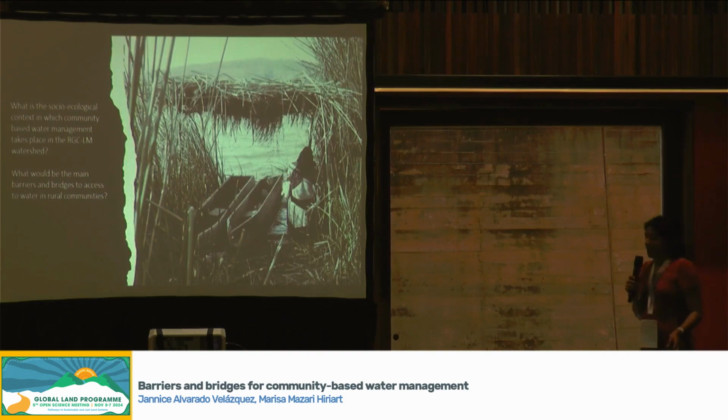According to this context, we planned the research questions. What is the socioeconomic context in which community-based water management takes place in the Rio Grande Comitán watershed? And what are the main barriers and bridges to access to water in these rural communities?